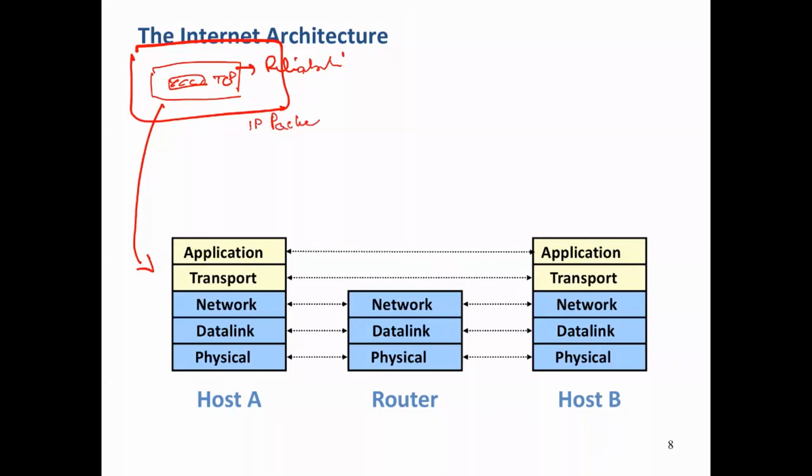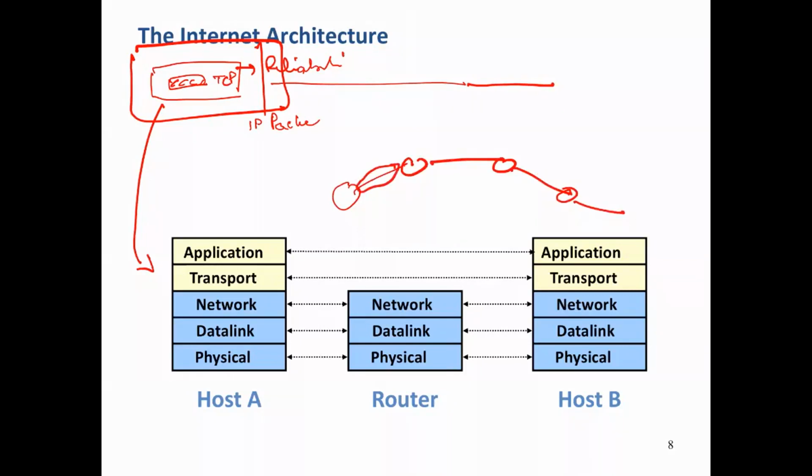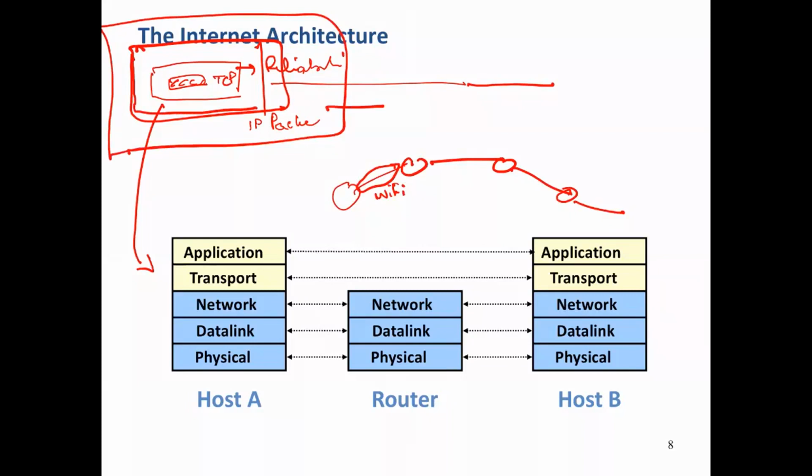Only the IP packet will have the end destination address. One of the fields here will be the end destination address. Now we have this network that we have seen. It goes to the first link. This first link could be Wi-Fi. Then this IP packet must be put inside another packet corresponding to Wi-Fi, and this outer packet we call a frame.